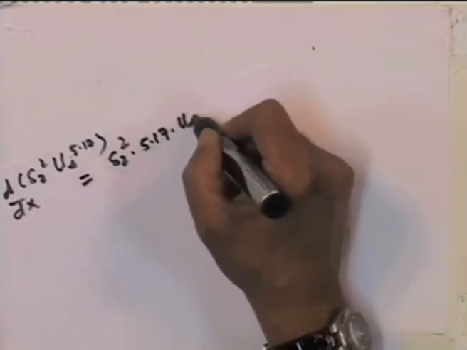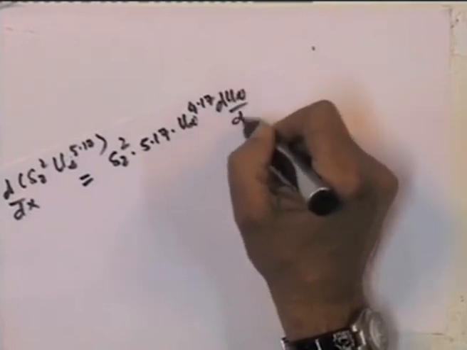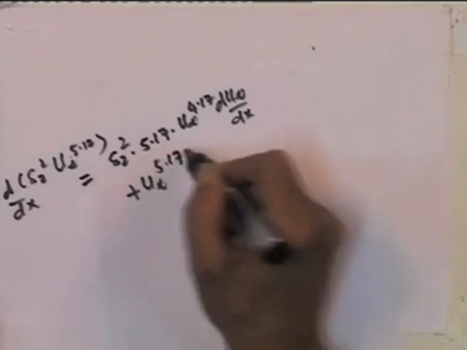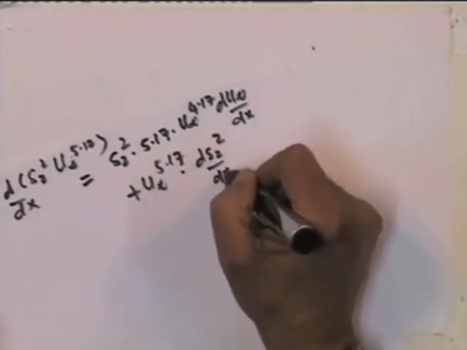into u infinity raised to 4.17 du infinity by dx plus u infinity raised to 5.17 into d delta 2 squared by dx.